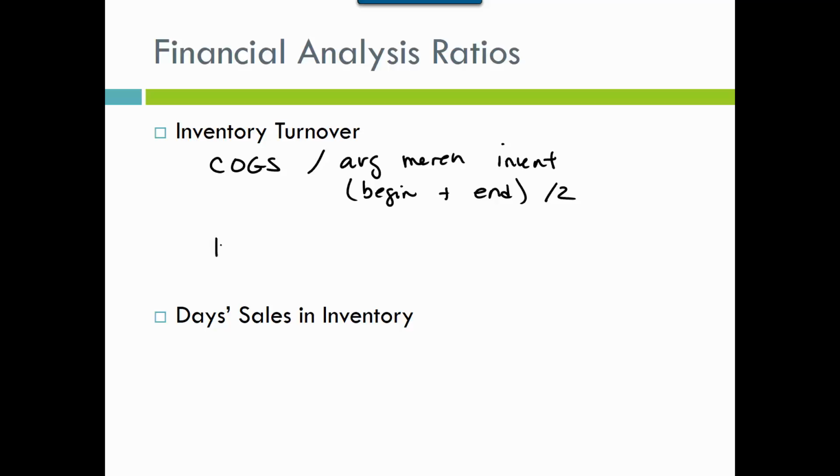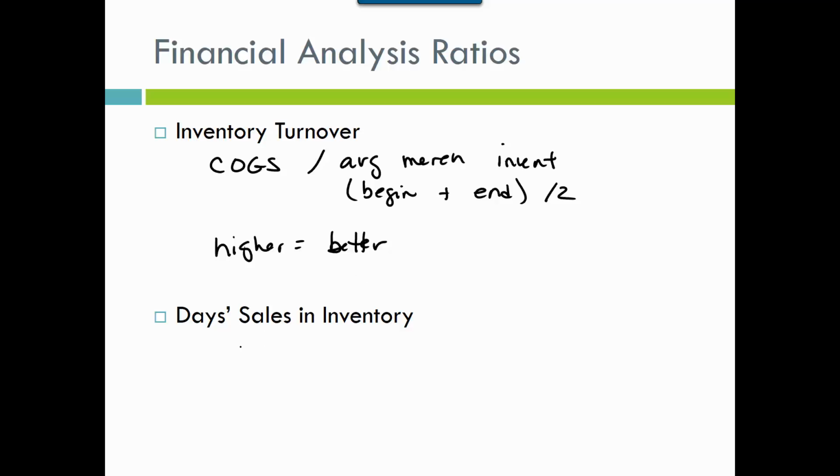And inventory turnover, a higher number is better. It kind of says, if you pretend like you don't restock your inventory until you sell everything in your storeroom, then that says I sold everything and restocked that number of times. That's what that tells you.